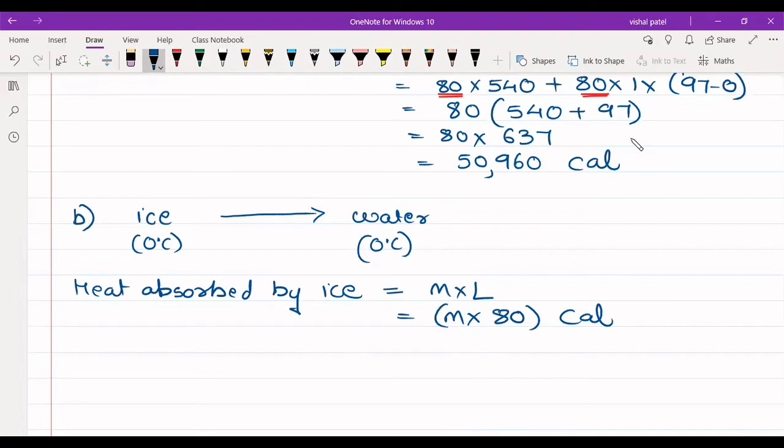Okay, so students, look above: this is the heat given out by the steam, and this is the heat absorbed by the ice. And we know the law, that heat lost by the hot substance is equal to heat gained by the cold substance. So M into 80, the heat absorbed by ice, will be equal to the heat given by the steam.